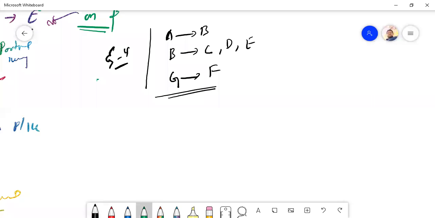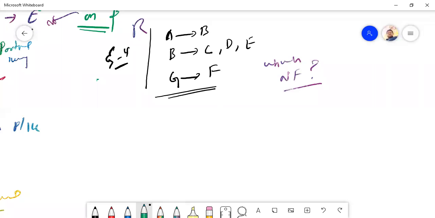I'm asking whether this particular relation is in which normal form. I want to check which normal form this relation is in.